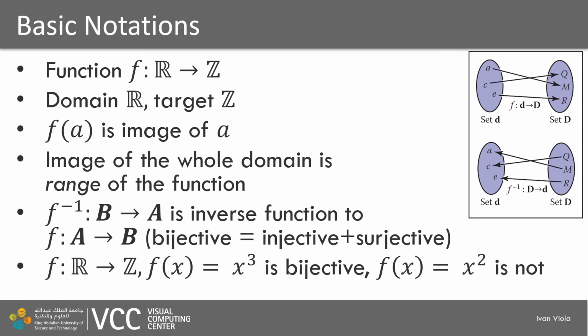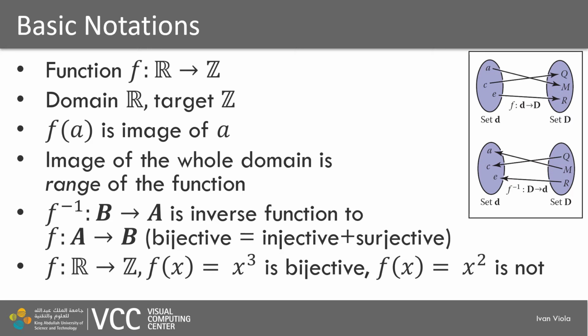Let's begin with certain notational definitions. We will often be dealing with functions, and these functions or mappings will be defined from a certain space, if you like, to another space. For example, here a function f is defined from R to Z, which means from the domain of the real numbers to the codomain of integer numbers.